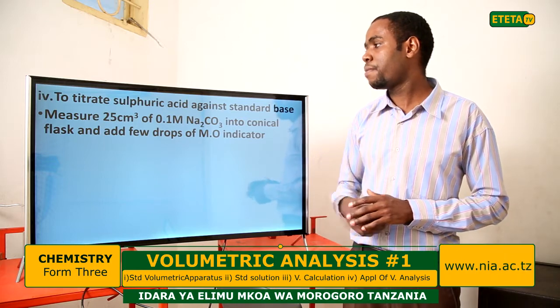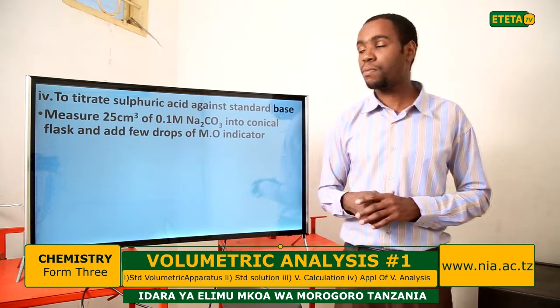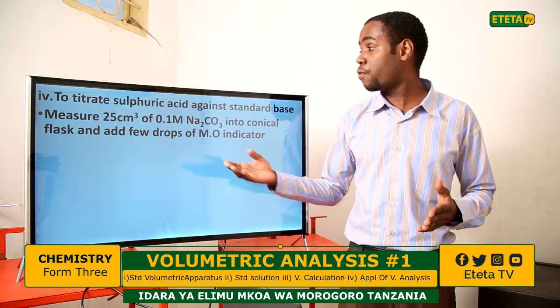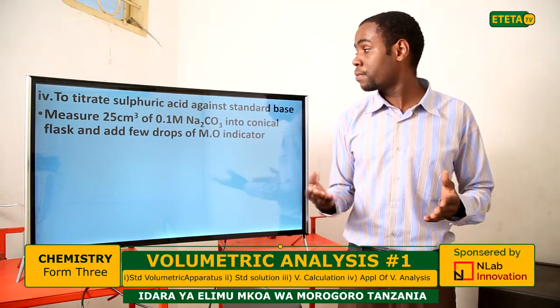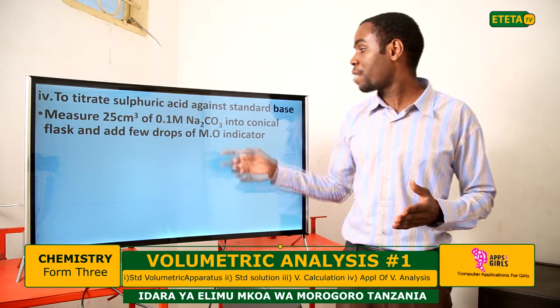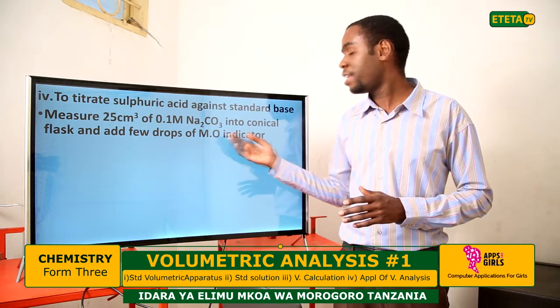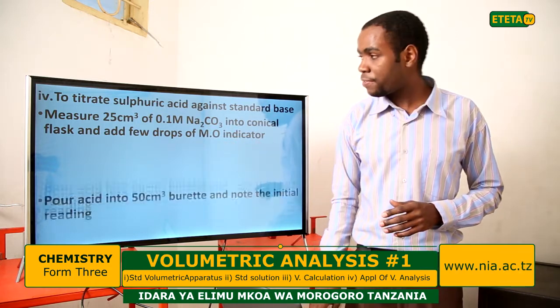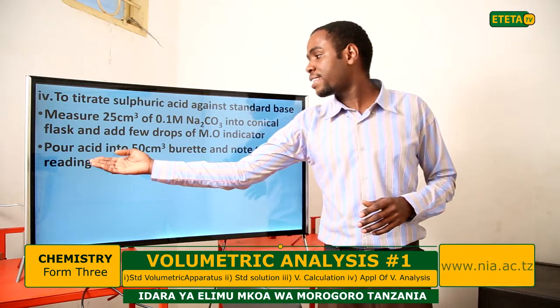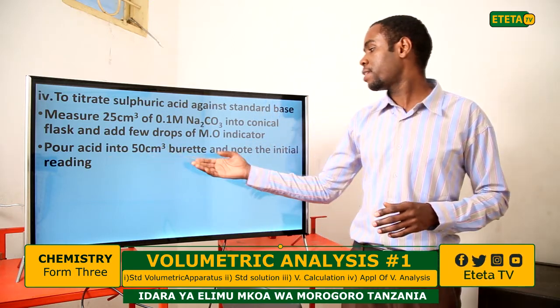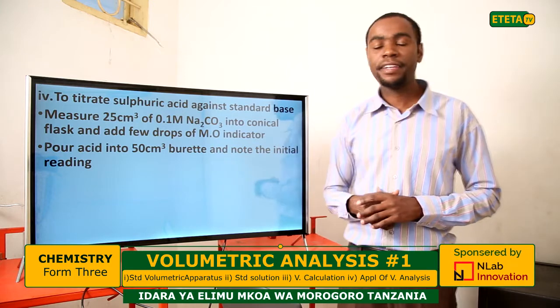Then after that, pour the acid into a 50 centimeter cube burette and note the initial reading.